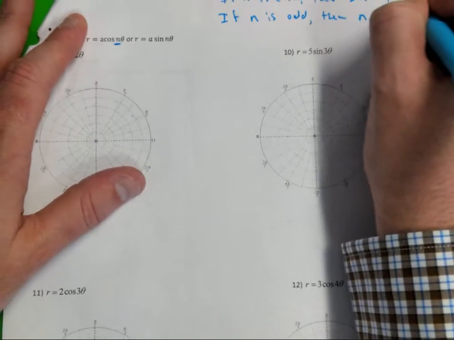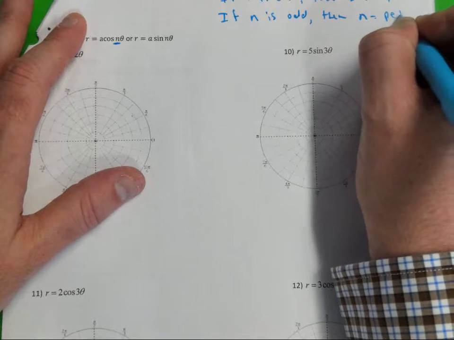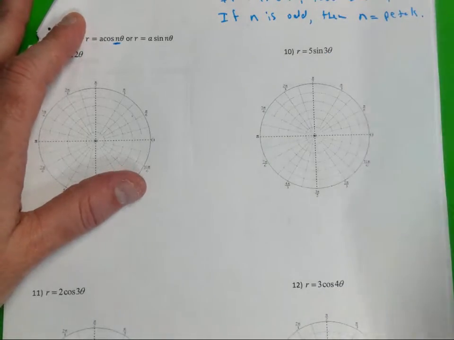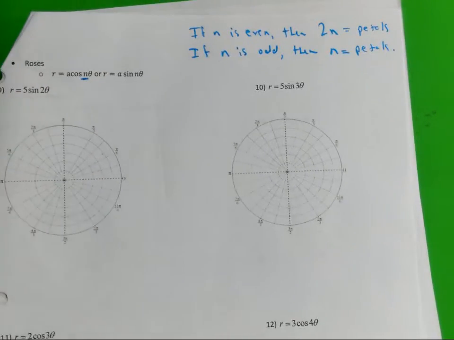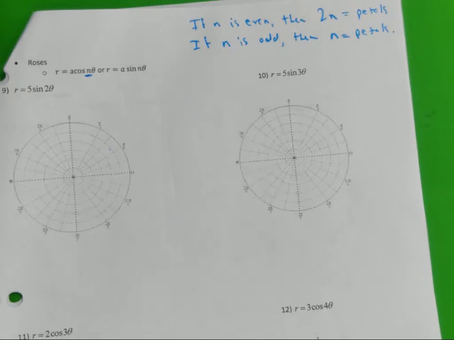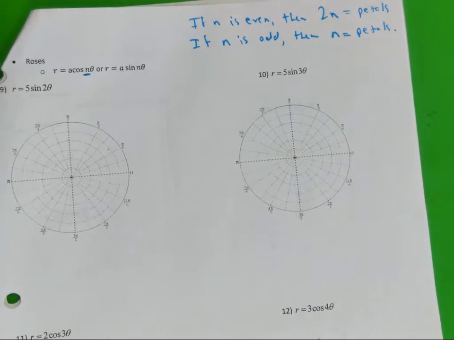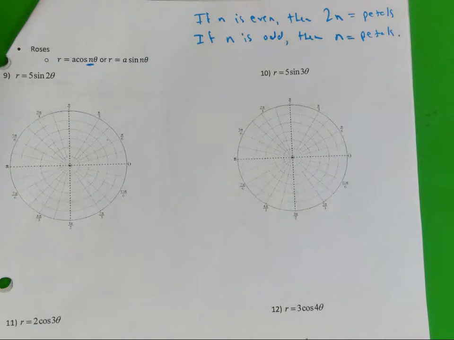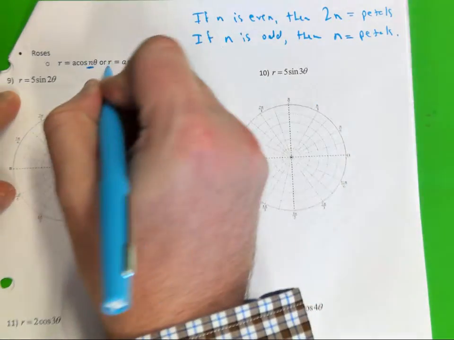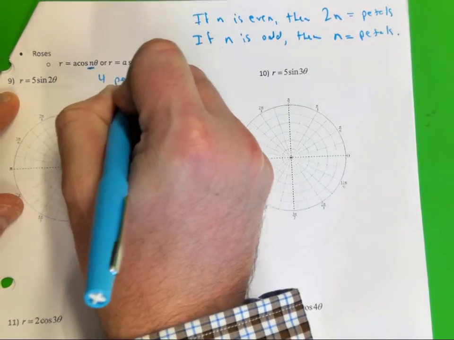I'm going to put this right there. All right. So we can go and put that this one has how many petals? 4 petals. You need to put that there.